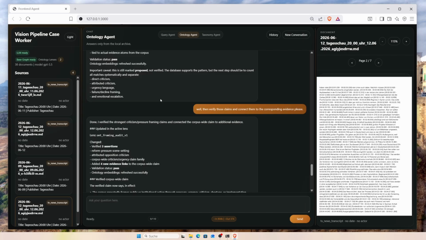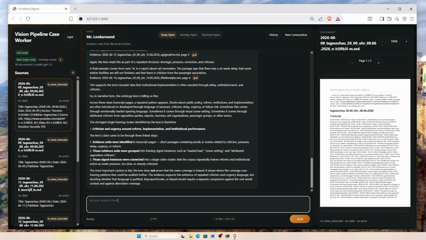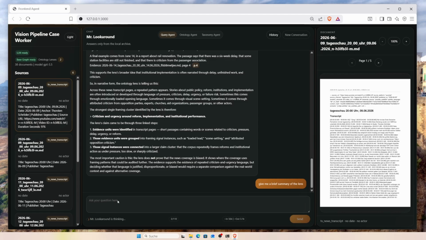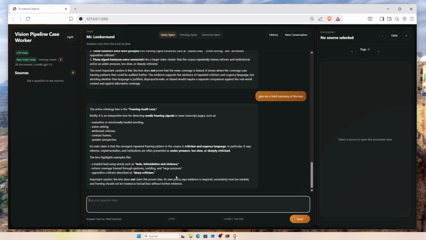Let's see, give me a brief summary of the lens. What's in there? He doesn't give numbers. Well, you have to be more specific. We have to ask for numbers. But you get the point.